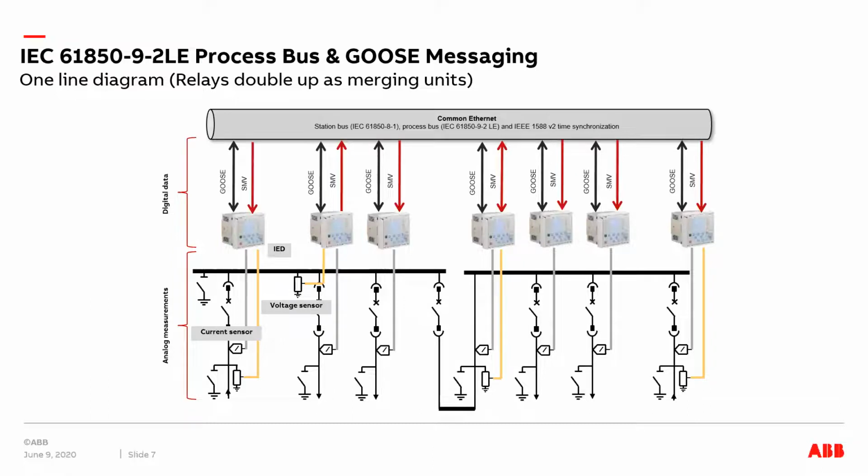And in addition, then we have goose messages as we see here. So the goose messages are nothing but the binary input output signals, which are to be transmitted to multiple relays, especially with respect to interlocking schemes or protection and control schemes like fast bus protection, zone selective interlocking, or circuit breaker failure protection, or anything of that kind of application can be achieved using the goose message sharing, where one relay can send its trip status, pickup status, or IO status to other relays, and it will subscribe those signals and take action based upon that.